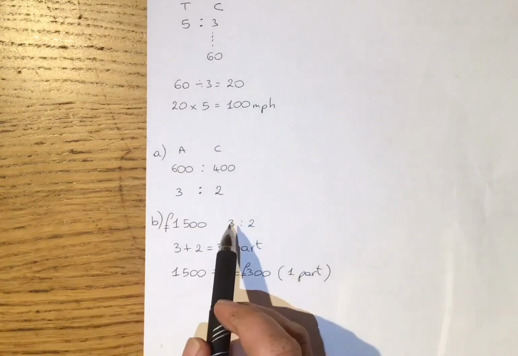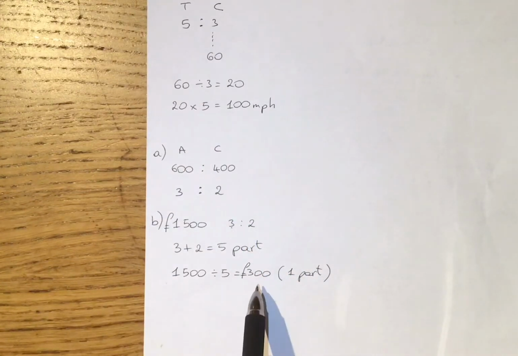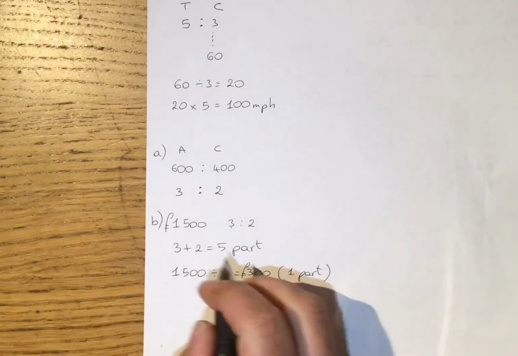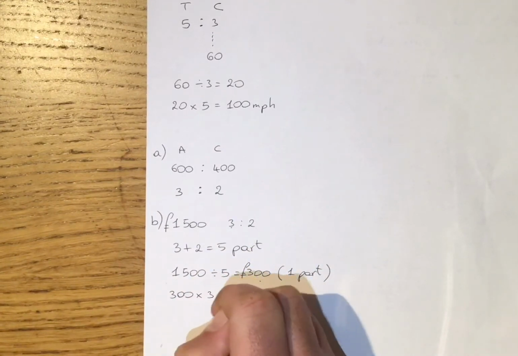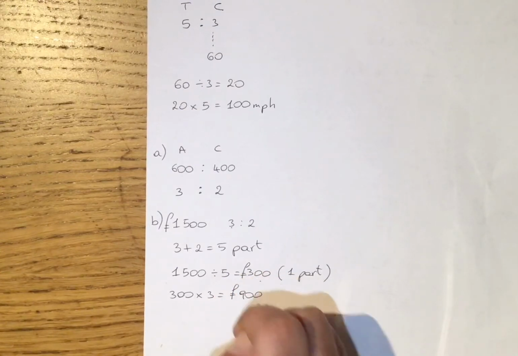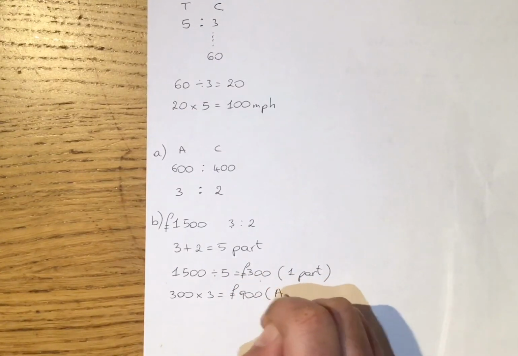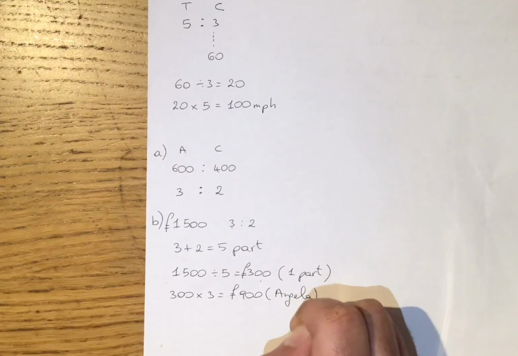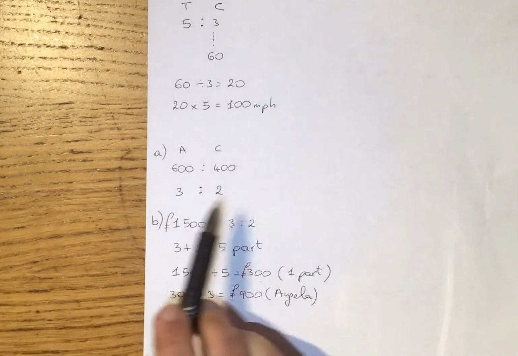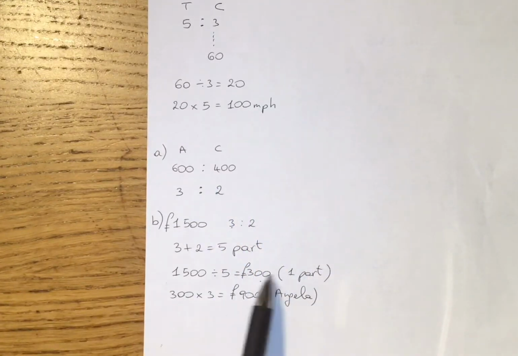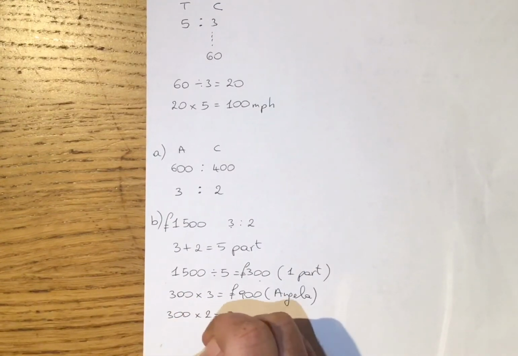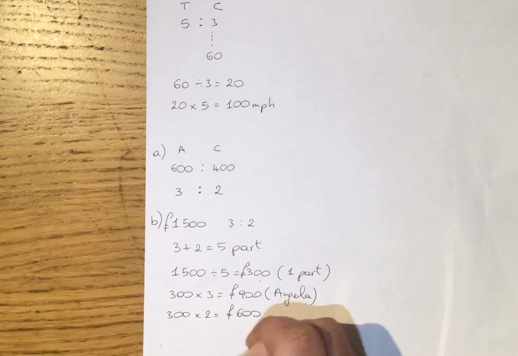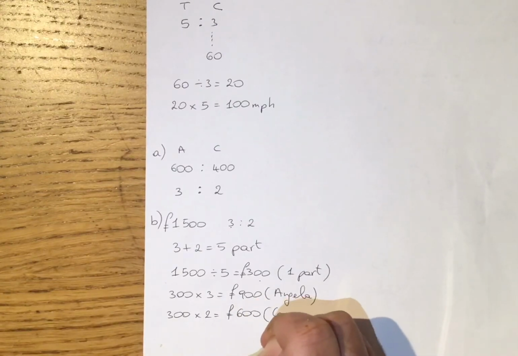Now Angela gets 3 of these parts, so we need to times this by 3 to know how much Angela gets. She will get £900, while Carol gets 2 parts. 1 part was £300, so it'll be 300 times 2, which is £600.